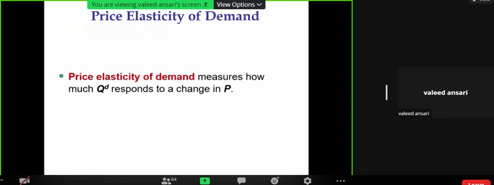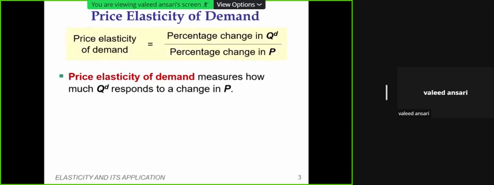So let us take the first elasticity concept. When we are talking about elasticity of demand, we will take up three main types. For example, we will look at the price elasticity, the income elasticity, and the cross elasticity.